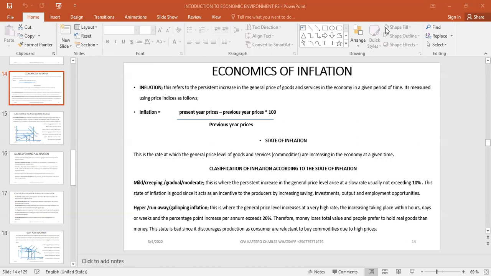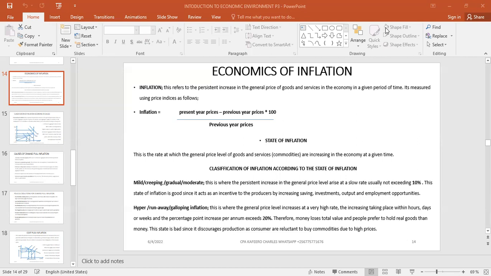So I want to look at how we can classify inflation according to the rate at which the increase is growing. If it is a very high rate, then it will be the hyper or runaway inflation.